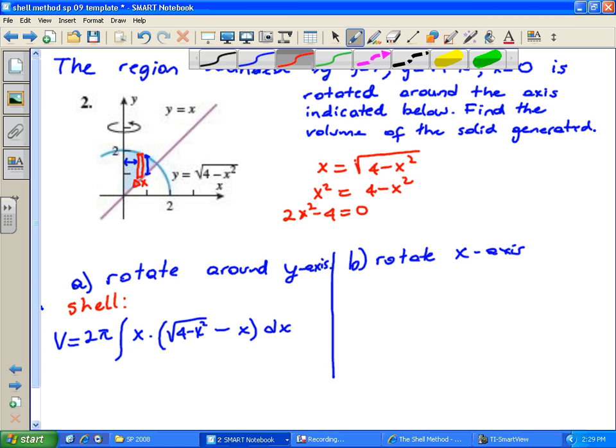In other words, x squared is equal to 2 if you divide both sides by 2, and then put the negative 2 on the other side. x squared is 2. x is plus or minus root 2. In the first quadrant, it can only be positive root 2. That means the point of intersection over the x values is the square root of 2. So we're going to be going from 0 to the square root of 2.